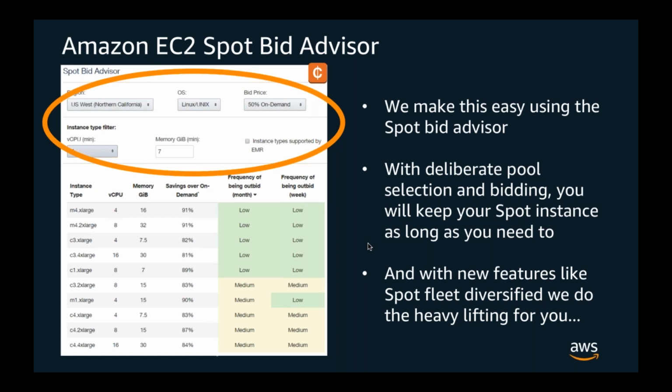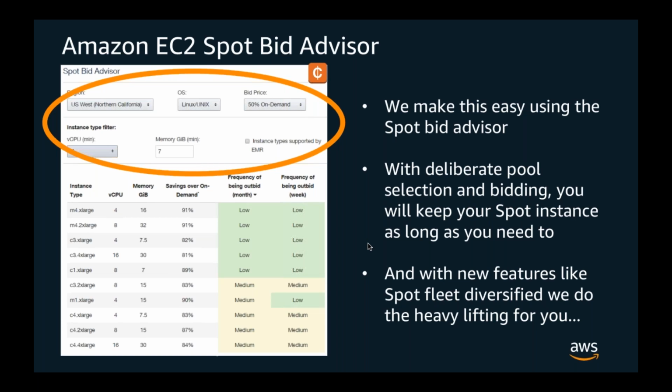It comes back with some suggestions about what would have happened over a month's period of time or a week's period of time. So in this particular case, it's returning to us that the M4 extra large would have run continuously without interruption over a month's period of time and a week's period of time, all while saving you 90% off of the on-demand price.